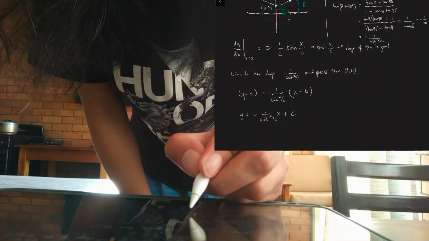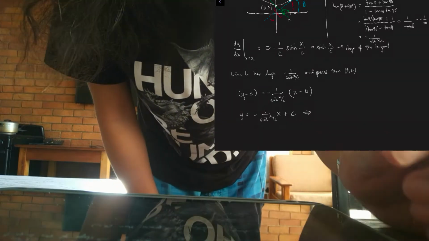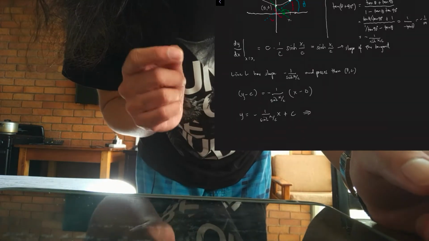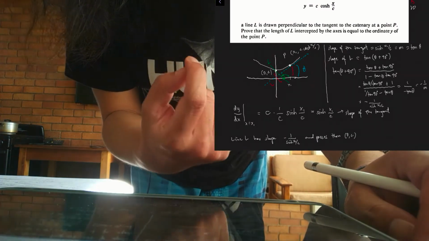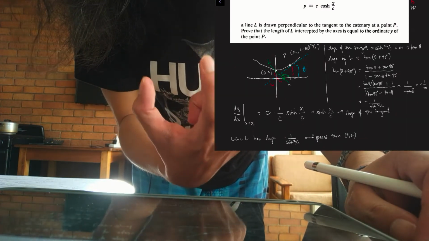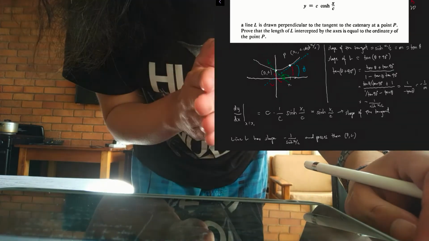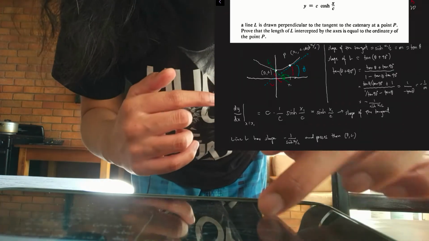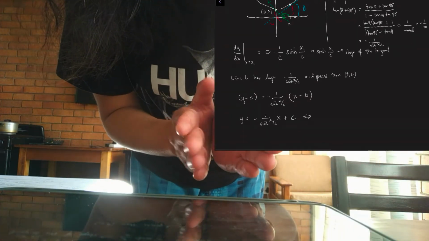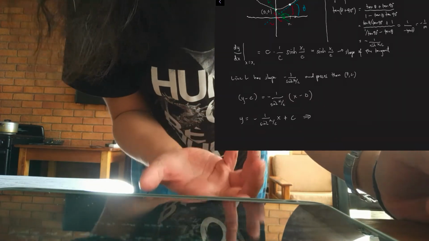We know that it passes through the y-axis via 0, c. The problem wants us to calculate the length between its interceptions with the two axes. We already know the interception with the y-axis, 0, c. We now want the interception with the x-axis. That's simple. Since we already know the equation of the line, we just set y equals 0.